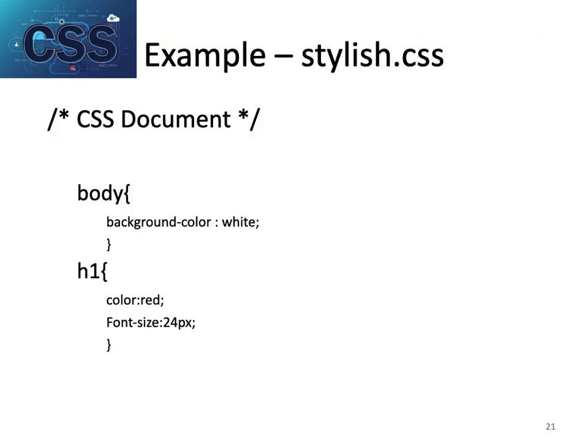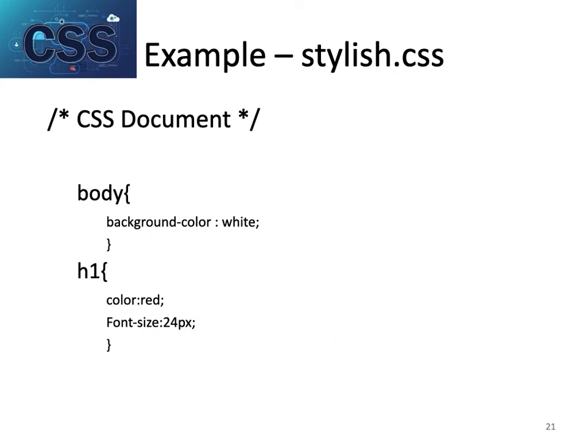So this is a simple example for a CSS file. The file name is stylish.css. Stylish is any user identified name, or it's a user identifier, stylish, and the extension is .css. That is the only important thing we need to consider. .css extension, we need to give that extension.